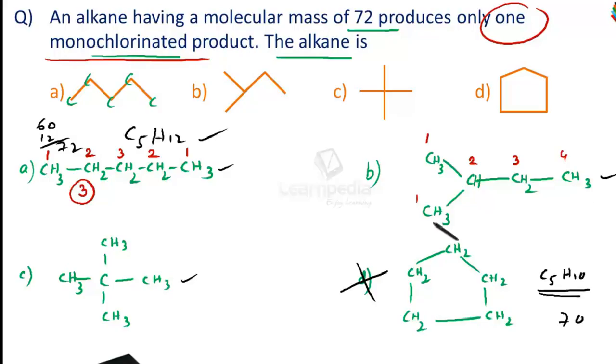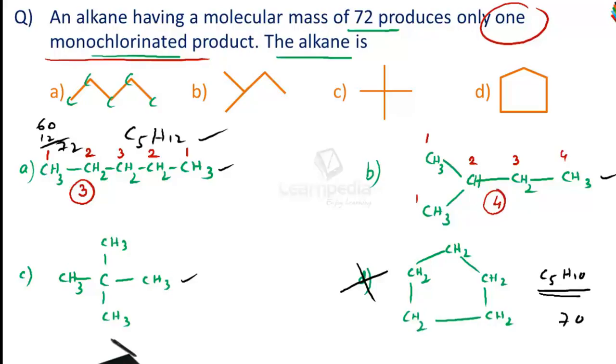Because when we replace one of the hydrogen of this carbon by a chlorine group, we get a methyl group as a substituent at the second position. But if we replace one of the hydrogen on this carbon with the chlorine group, we get the methyl group as substituent on the third carbon, isn't it? So both are completely different. So for option B, 4 different monochlorinated products are possible.